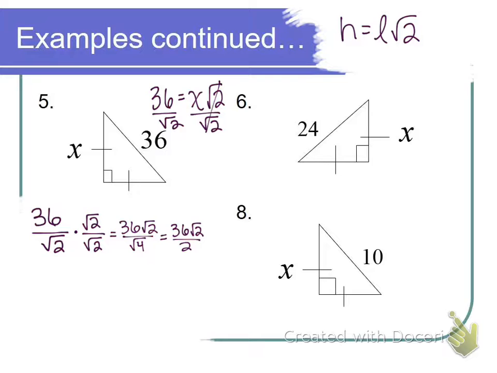Numbers under a radical can only be simplified with other numbers under a radical. So can I cross these 2's off? No, one's underneath, one is not. I can, however, simplify the numbers that aren't under a radical. So 36 over 2 is 18. So this ends up being 18 radical 2.